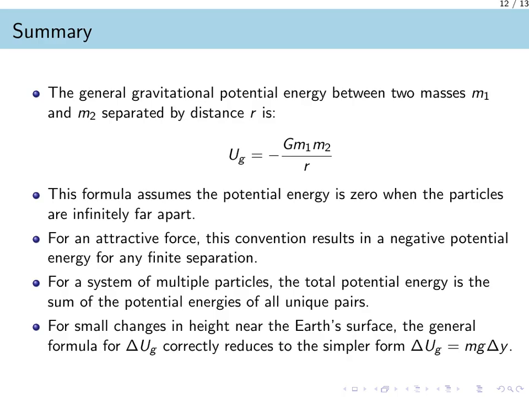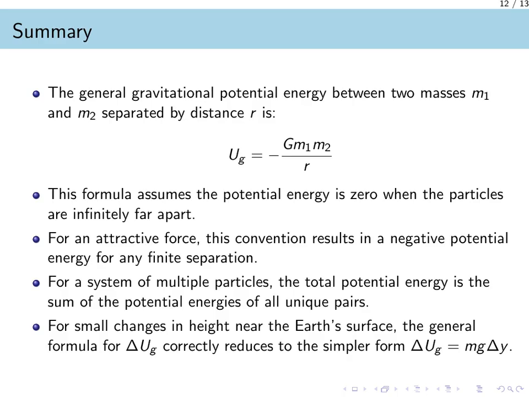This formula relies on a standard convention where we define the potential energy to be zero when the two masses are infinitely far apart. Because gravity is an attractive force, this means the potential energy is always negative for any finite separations. For a system with more than two particles, the total potential energy is found by simply adding up the potential energies for every unique pair of particles.